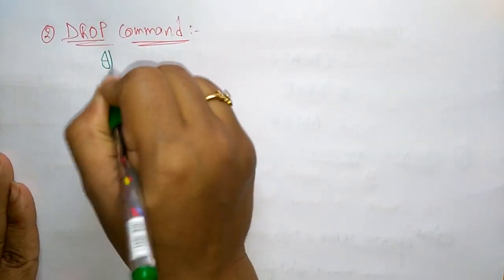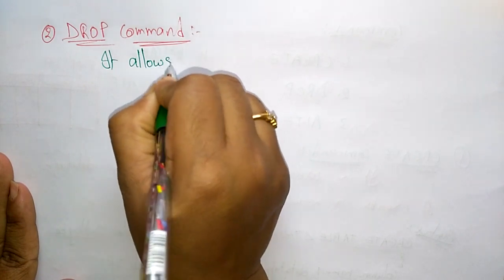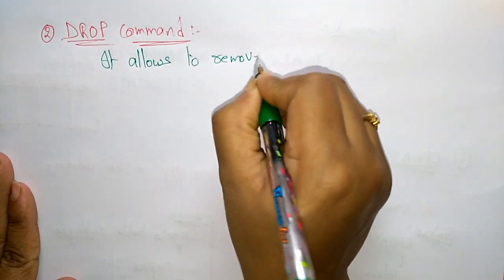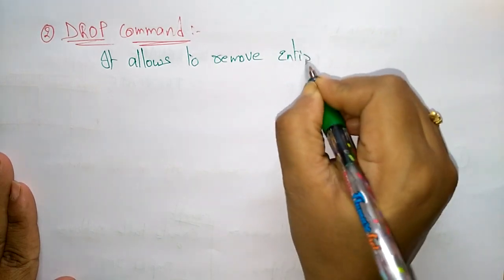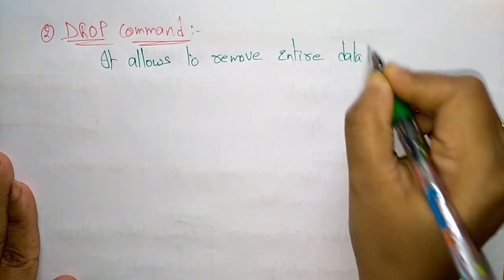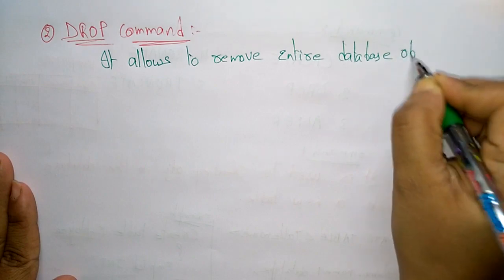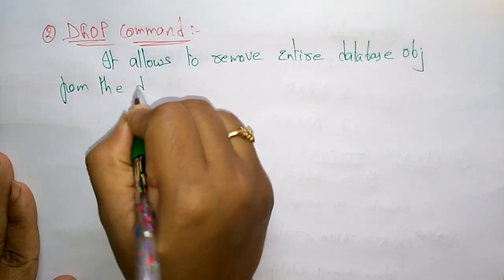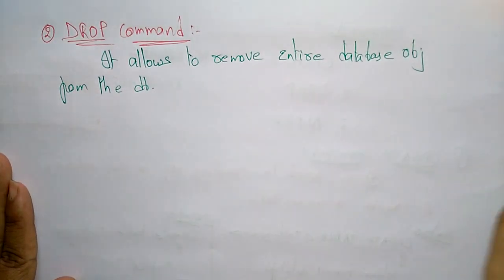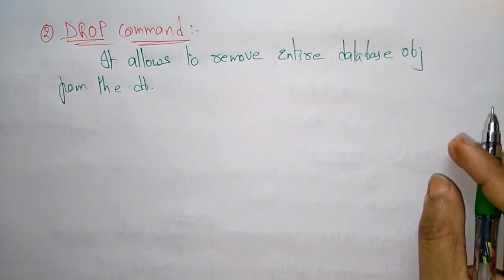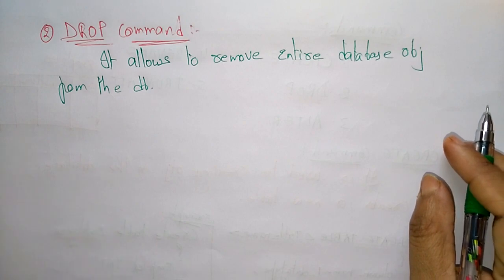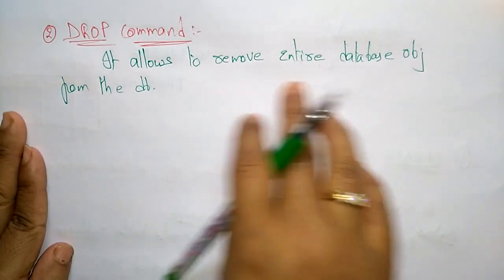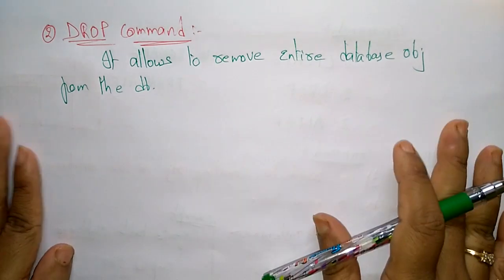It allows you to remove entire database objects from the database. So it removes the entire database objects, whatever objects we created, the fields that I created there will be removed. So the table will exist, but the fields will be removed. So it removes the entire database objects from the database.